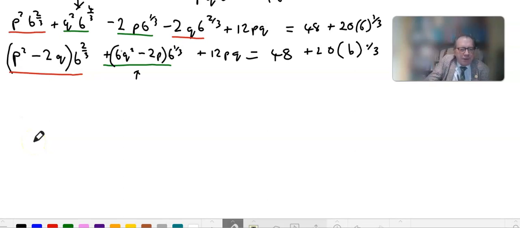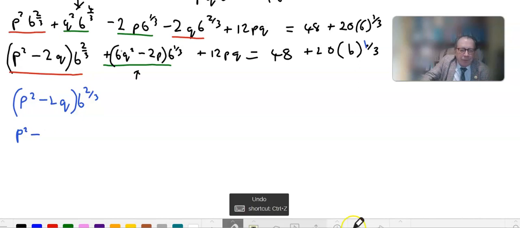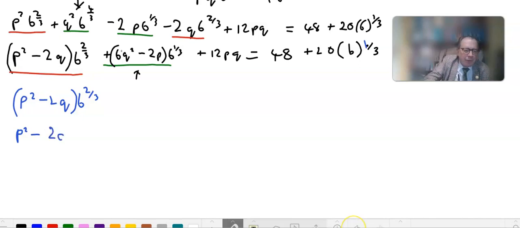And you will see that on the left hand side I've got p squared minus 2q lots of 6^(2/3), but there is no 6^(2/3) on the right hand side, so p squared minus 2q equals 0.